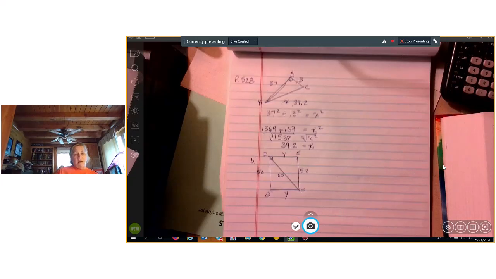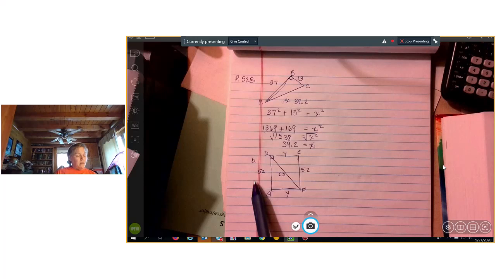Now, this is a rectangle. I call it a square, but it's a rectangle.